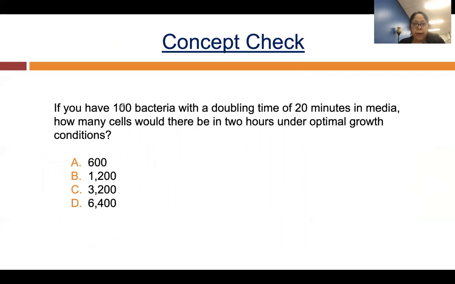So if you have 100 bacteria, the formula is NF equals NI, meaning the initial number, multiplied by 2 to the power n. We have to find out n. F means final number.